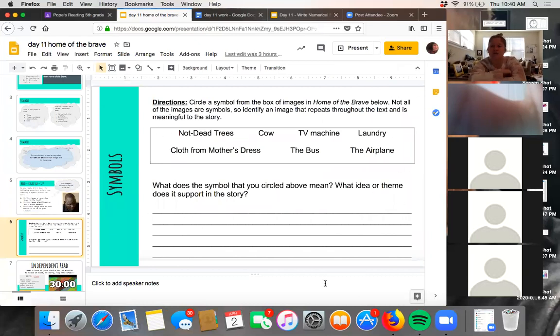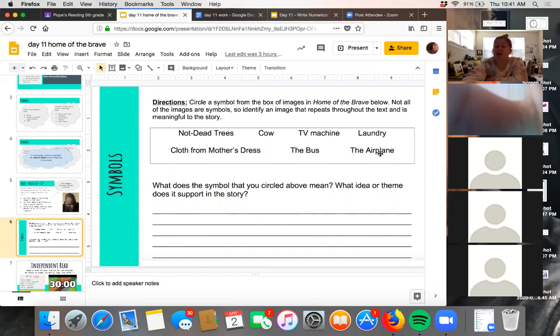So the last question for reading, and yours can be different from mine. Okay. There's this box, and it says not dead trees. Okay, remember at the very beginning, he's seen the trees with no leaves on them? And Dave's like, they're not dead, so he called them not dead trees. The cow, a TV machine, laundry, cloth from his mother's dress, the school bus, or the airplane.